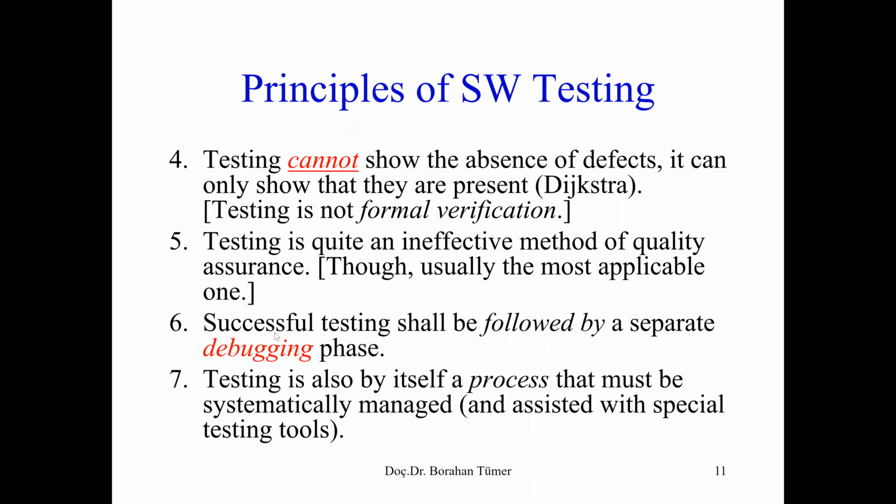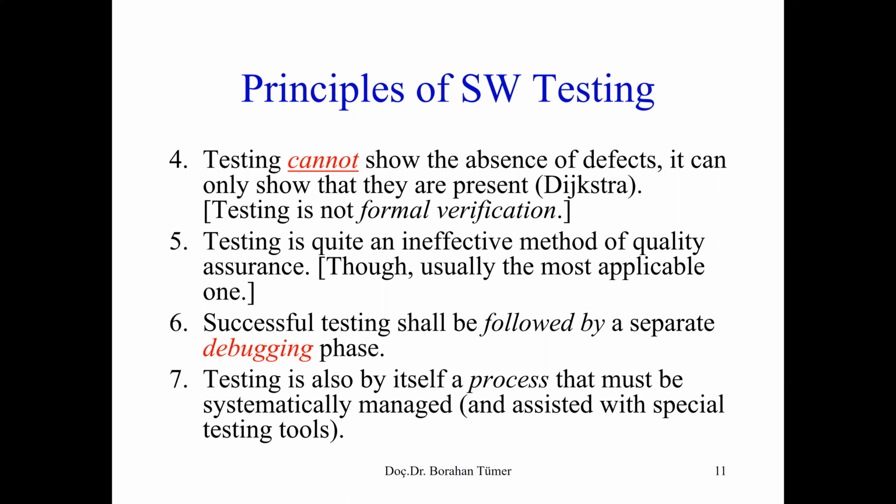The sixth principle of software testing is that successful testing shall be followed by a separate debugging phase. Successful testing means that we have found a problem, a bug in the software product. So now what we need to do is to debug it, to find out where it is exactly, and then we have to correct it.